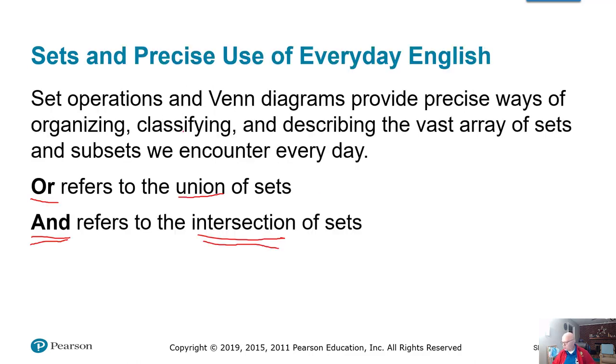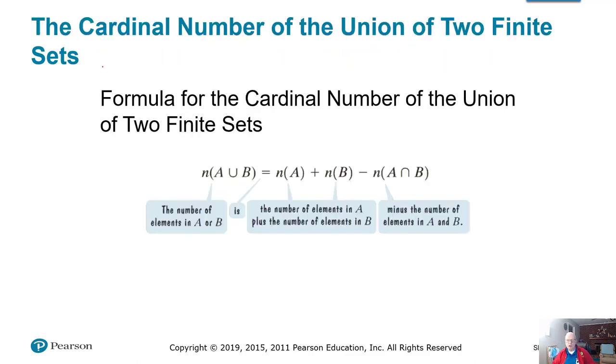Here's the formula for the cardinal number. Remember the cardinal number? That's how many elements you have in the set. If we want the cardinal number for the union, this is a formula for you. So we'll put a big star here.